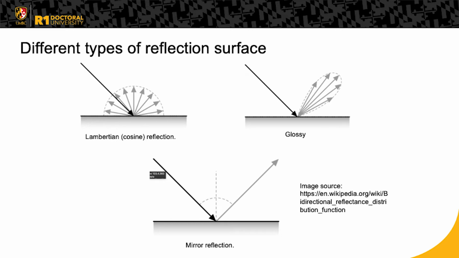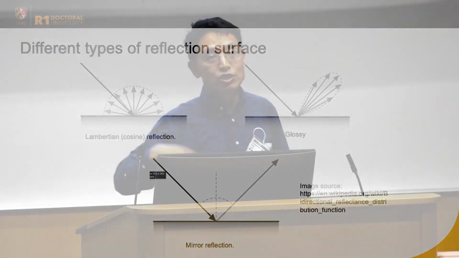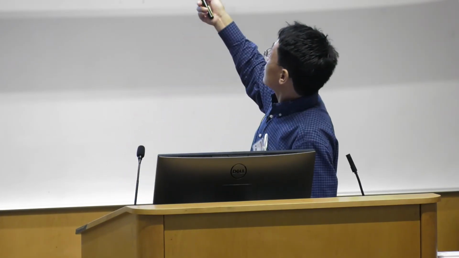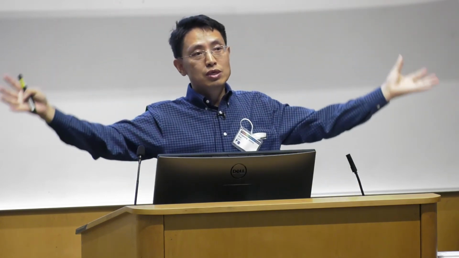You have different surfaces, like this is a Lambertian, this is a kind of glossy surface, this is a mirror reflection. Different surfaces give you different distributions of light. This is just a way of describing how the reflected light depends on the viewing angles.